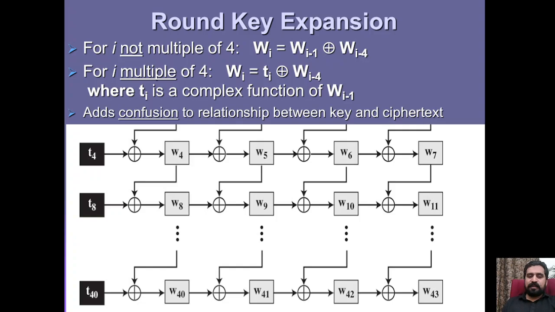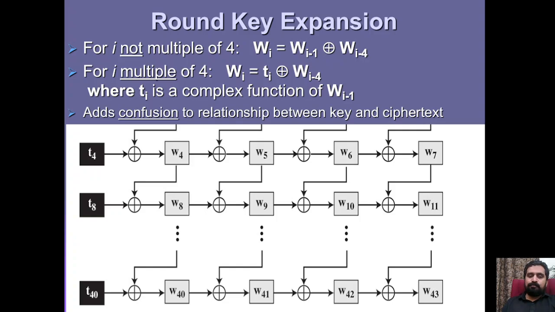The next words, W4 to W43, we use in the round transformation. In each round there are 4 words, and we have 10 rounds. So we require 40 words for the 10 rounds.